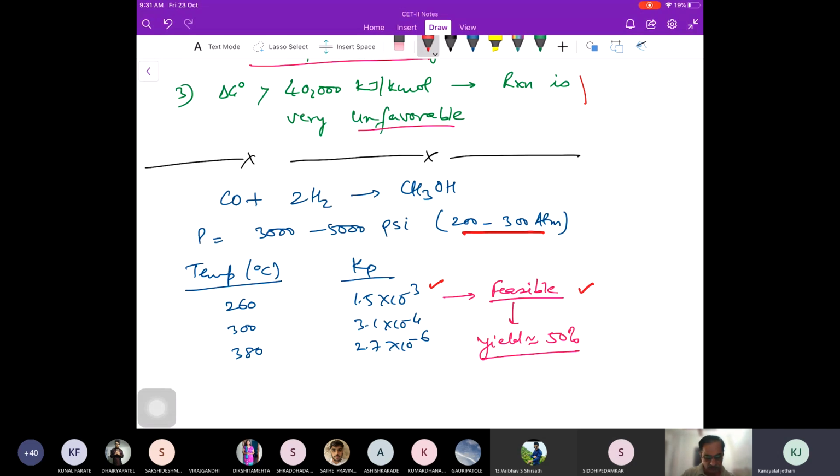Okay? So this is feasible, and reaction yield is almost 50%, which is quite good from industry point of view. Any questions on feasibility of reaction?